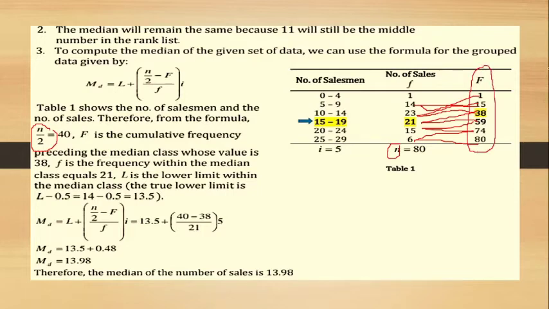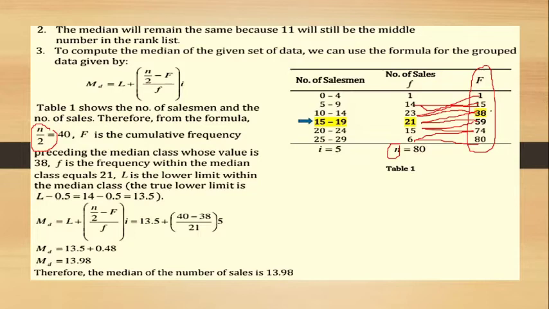You will choose a number that should not exceed 40, the largest number that does not go over. So, the F here is the value of cumulative frequency that should not exceed the n over 2.